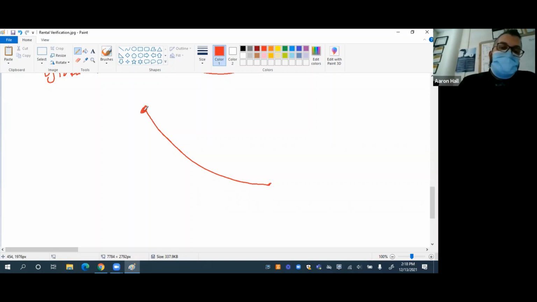So in this case, this would be my global max, and this would be my global min. Okay, so we're going to define it now. Let's use a different color. How about blue? The extreme value theorem.